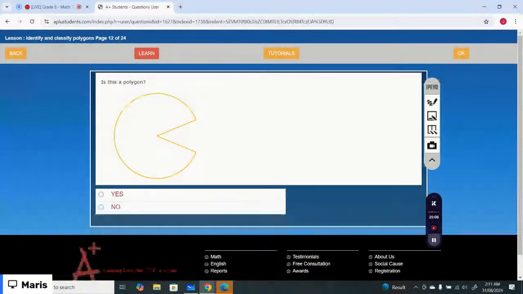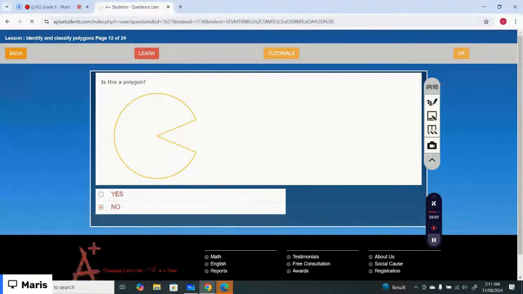Is this a polygon? This is not a polygon. Okay, you can complete the lesson by yourself later today. Let me just move on to the next lesson.